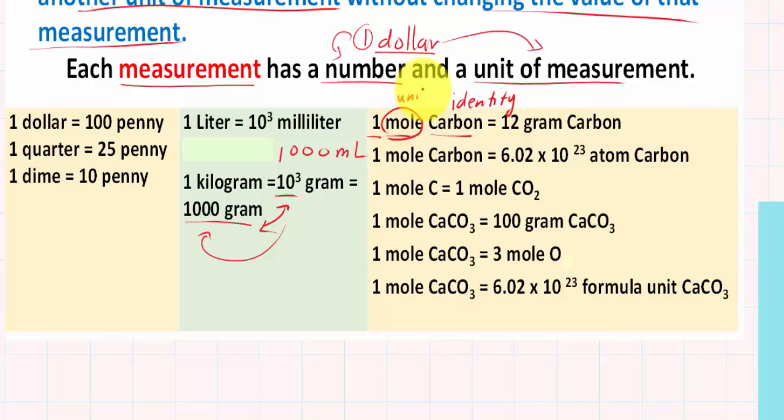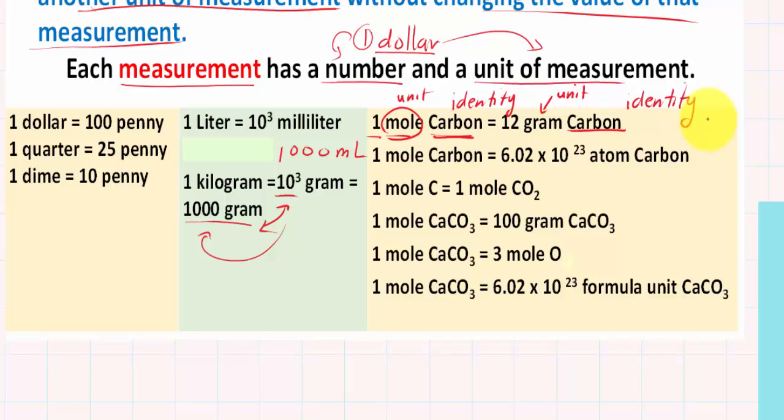So mole is a unit as much as grams or penny or quarter, where in chemistry we have a specific substance. In this case, we talk about carbon, and 1 mole of carbon is equal to 12 grams of carbon. And notice the gram is the unit, where the carbon is the identity of the substance.